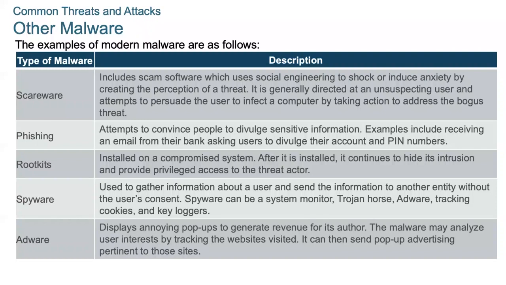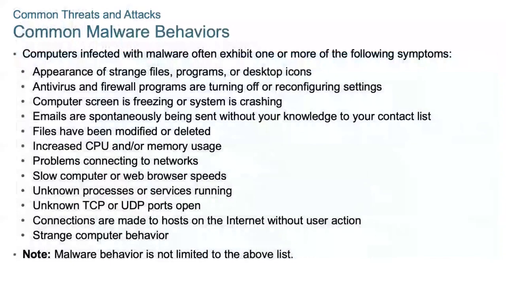Or the computer screen is freezing, or the system is crashing. Emails are spontaneously being sent without your knowledge to your contact list. Some files have been modified or deleted, or CPU and memory use increases, or your computer or web browser slows down. Or unknown TCP or UDP ports are open. So these are some common behaviors of malware on your system.